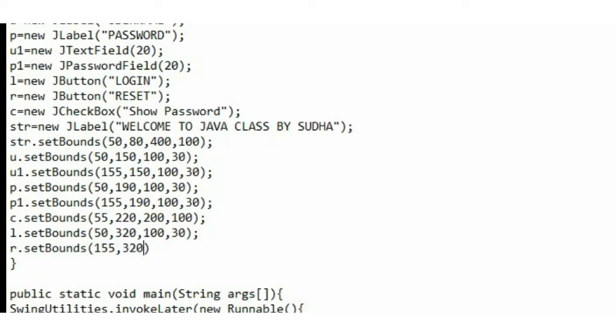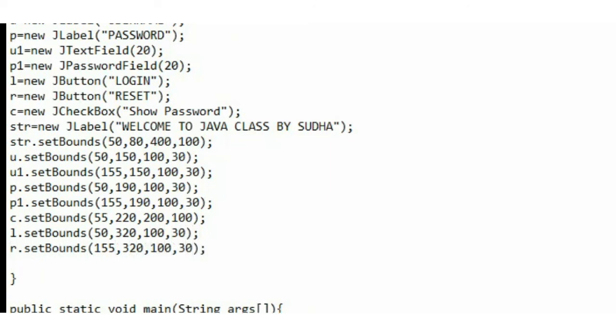Except for the welcome label, I made the width and height of all the other components 100, 30. So setBounds is actually used for manually positioning the components on your frame. So I finished with setBounds.